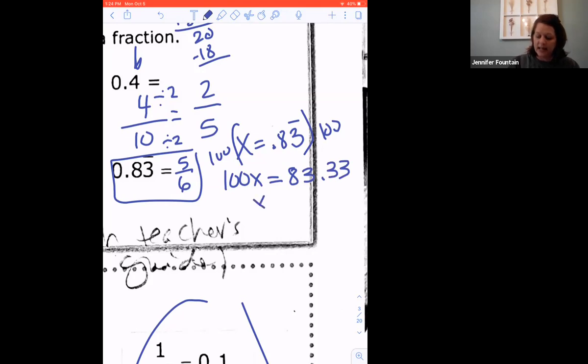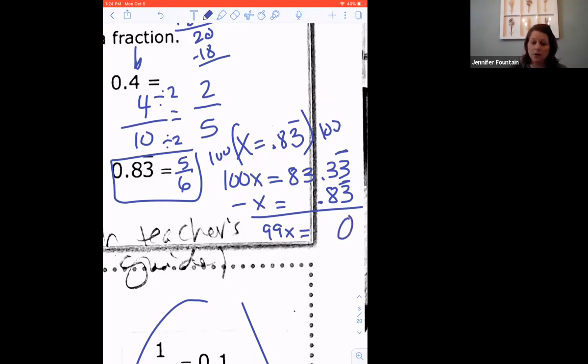Now, since x is equal to 0.83 repeating, I would subtract those. 100x minus x is 99x, which equals 83.33 repeating minus 0.83 repeating. My 3 repeating cancels out. A repeating 3 minus a repeating 3 is 0.